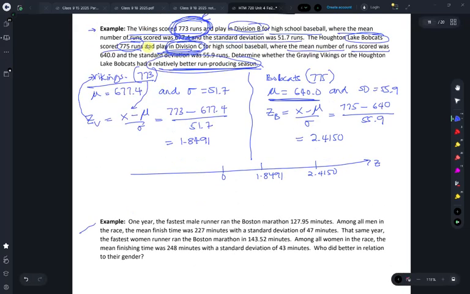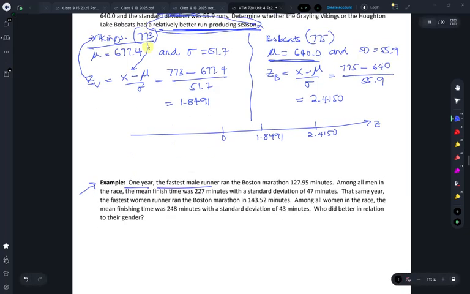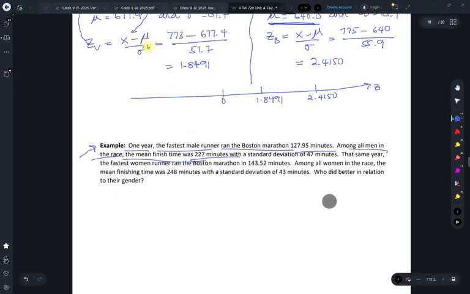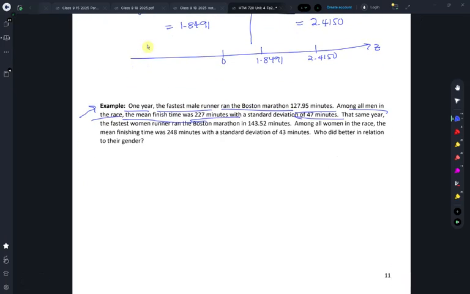Let's take a flip scenario. One year, the fastest male runner ran the Boston Marathon in 1:27.95 minutes. Among all men in the race, the mean finish time was 227 minutes with a standard deviation of 47 minutes.